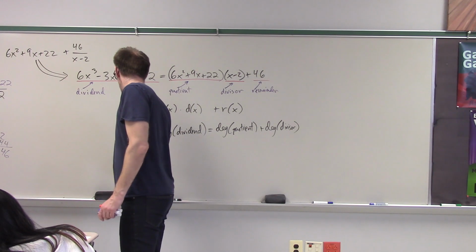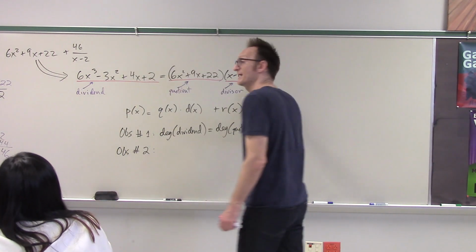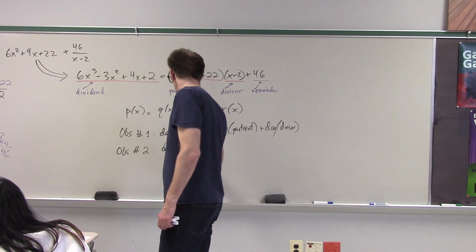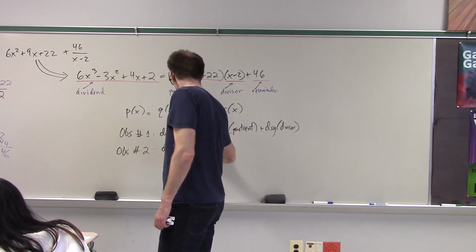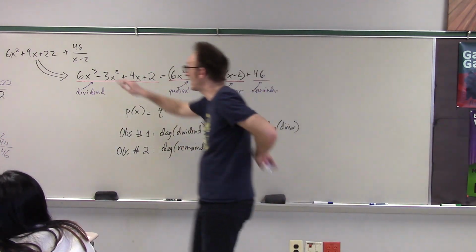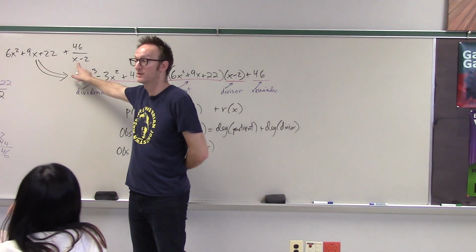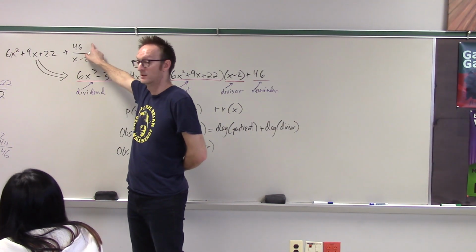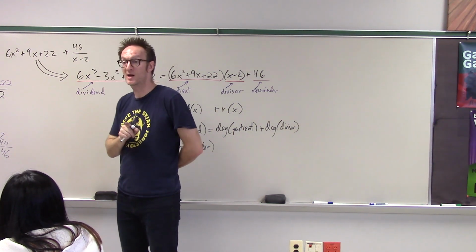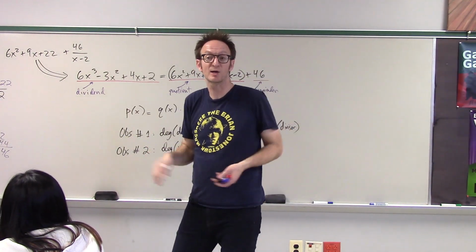Okay, and then there's another observation. This one might be almost a little bit silly. What can be said about the degree of the remainder? In this case, it's 0, but I don't think it has to be 0. Because what if you're dividing through by a quadratic or something like that? One less, he's saying. I think you're close. I don't think it even has to be 1 less, because you could get lucky, it could be even more.